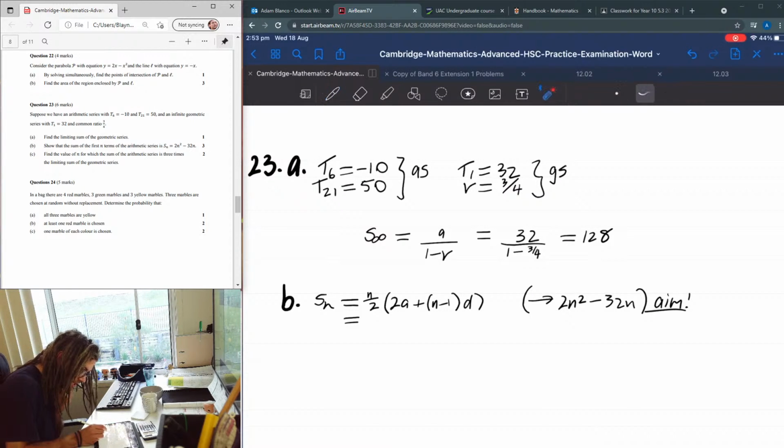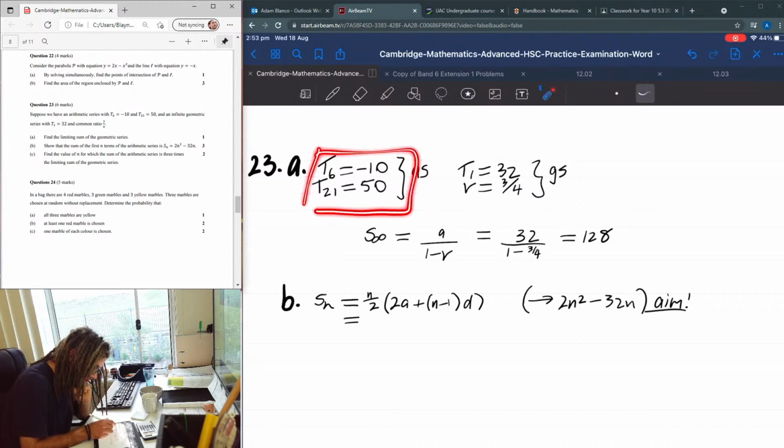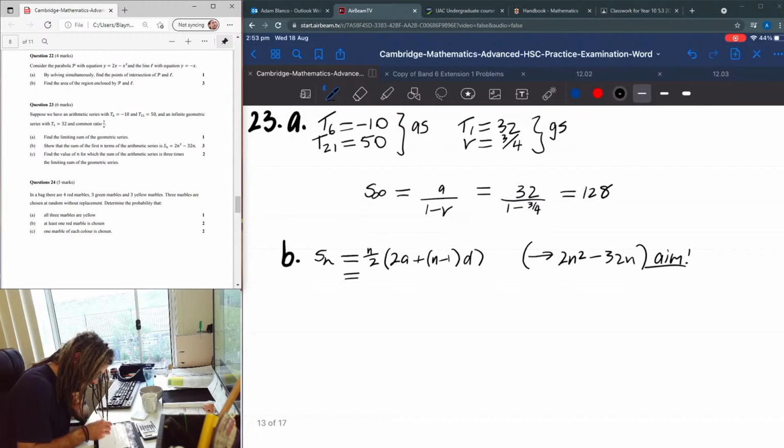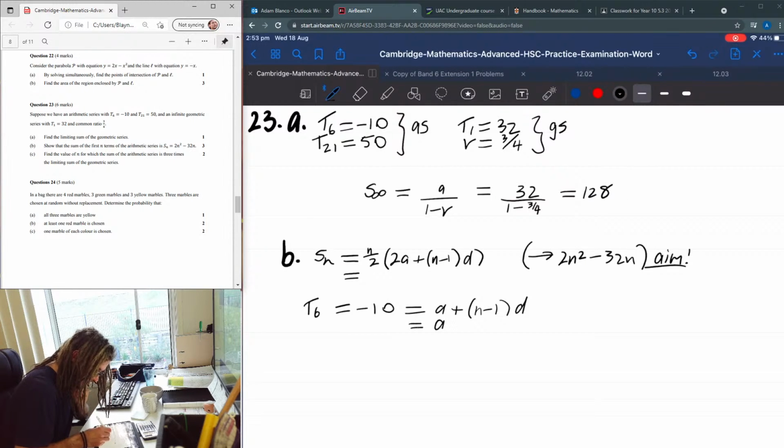I don't know where it starts, and I also don't know what d is. There's a couple of things I can do here. All they told me is these two things, so I'm going to draw them out. I'll come back to this. T6 is equal to minus 10. Now that should be equal to a plus n minus 1 d. Now I know it's the sixth term, so that's a plus 5d.